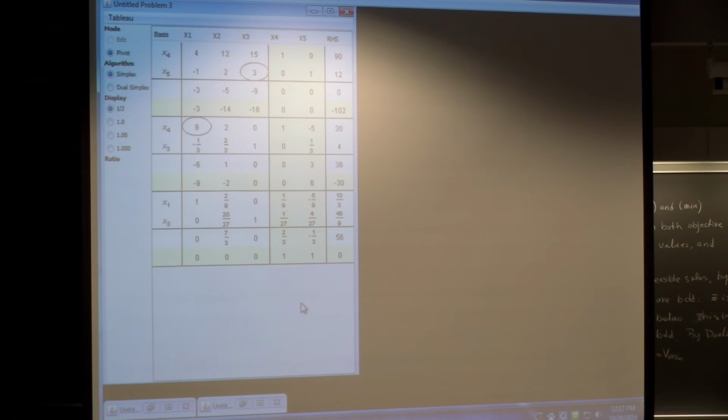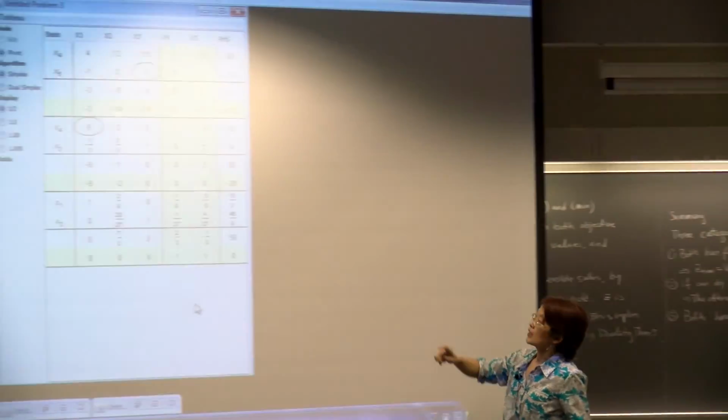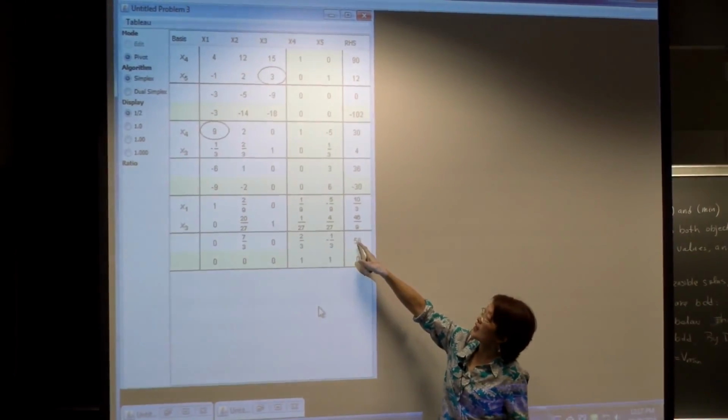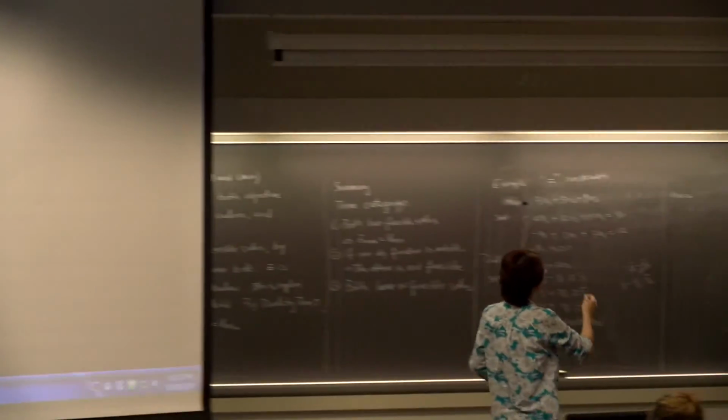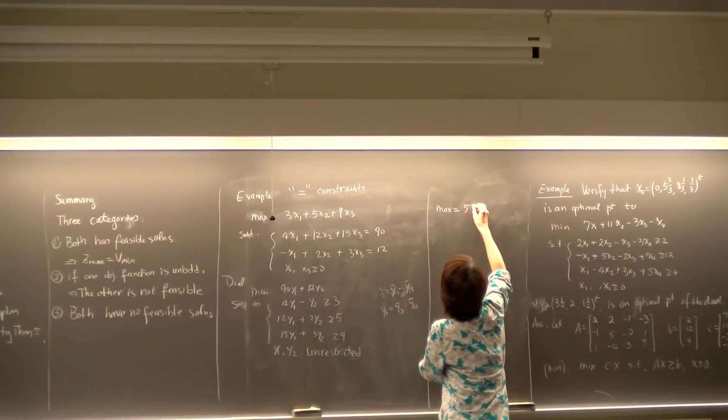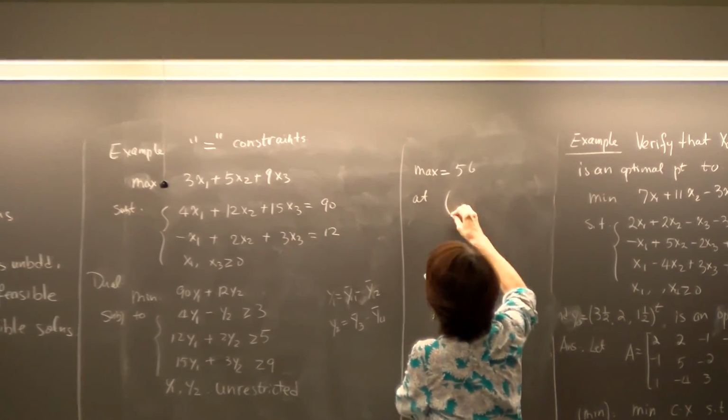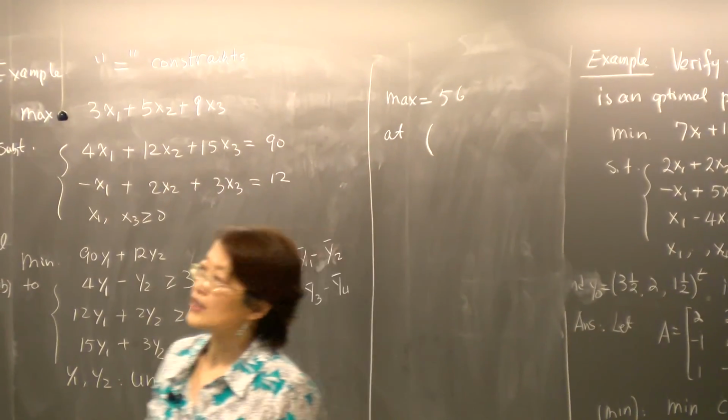So what is our optimality here? So the maximum value will equal the negative of this guy. Is that right? So 56, obtained at, what are the x values that it's obtained?